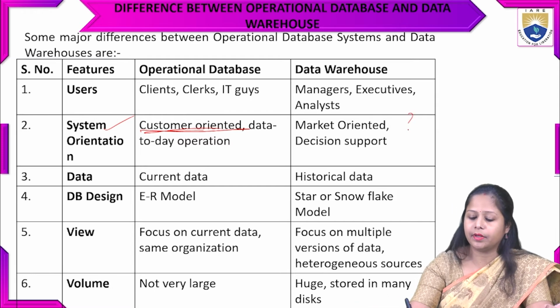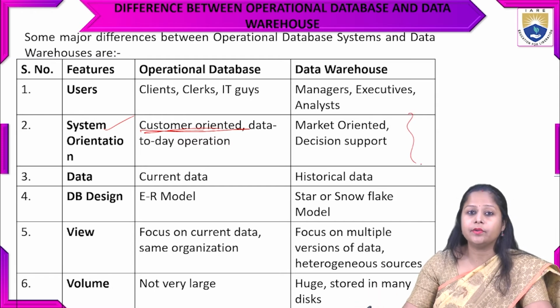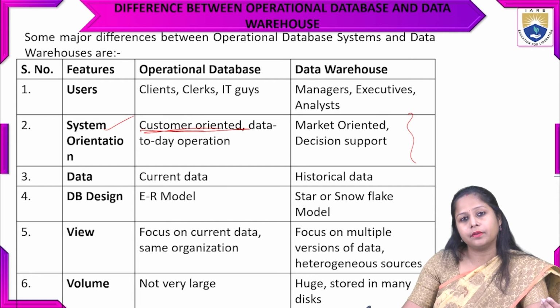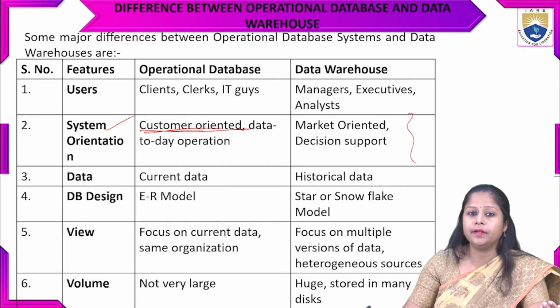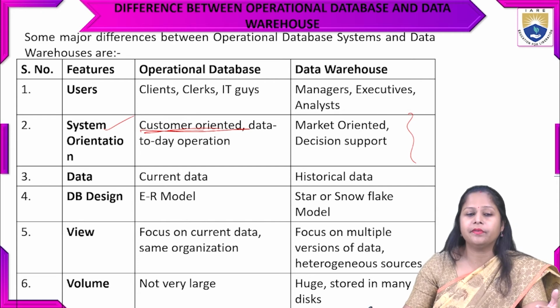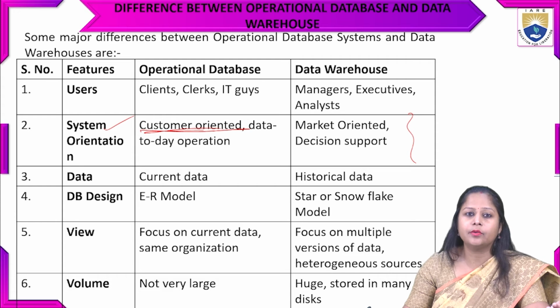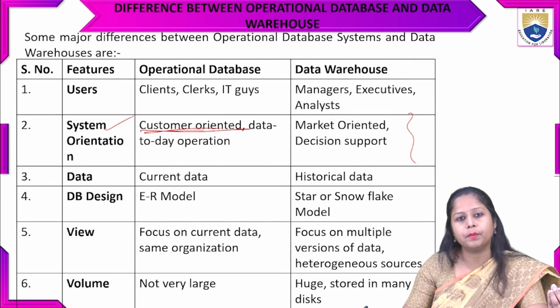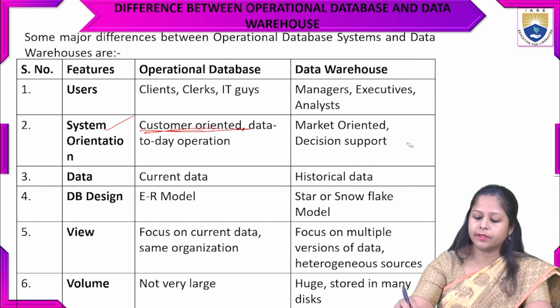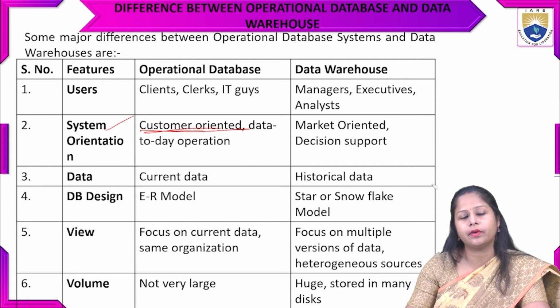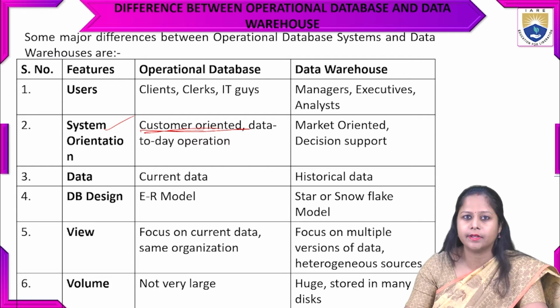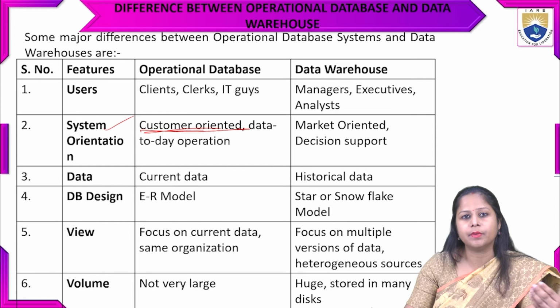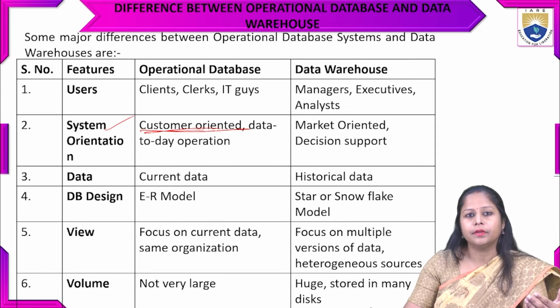But the data warehouse is market oriented, because people from different business domains and different industries are going to implement the data warehouse and then analyze that data in terms of their business. So that is market oriented. They have to do the analysis to compare with other industries and other companies.